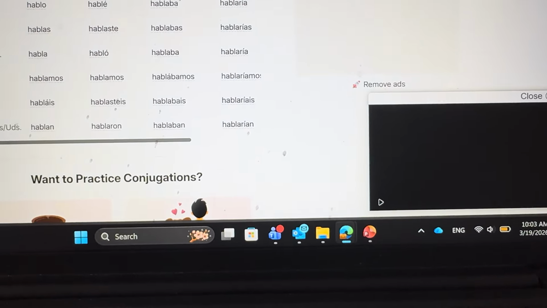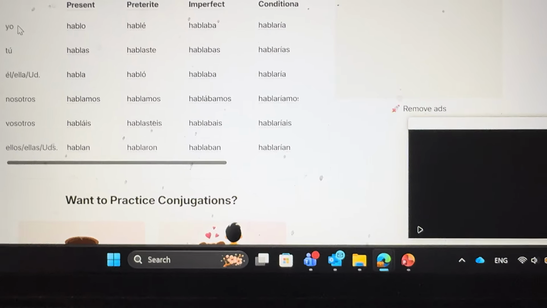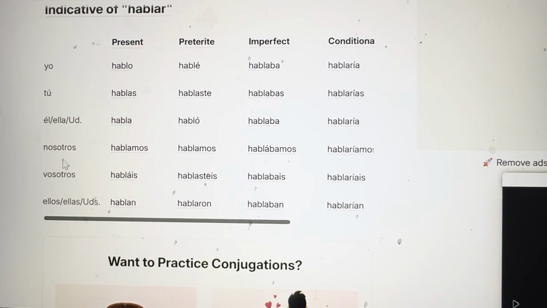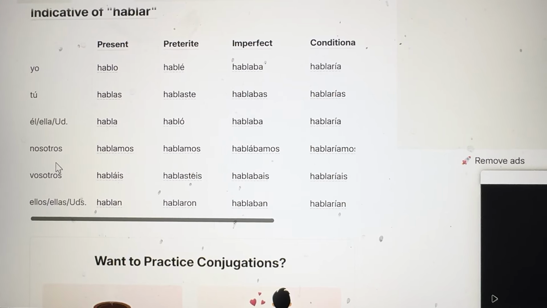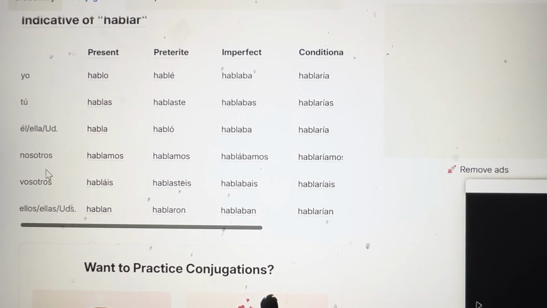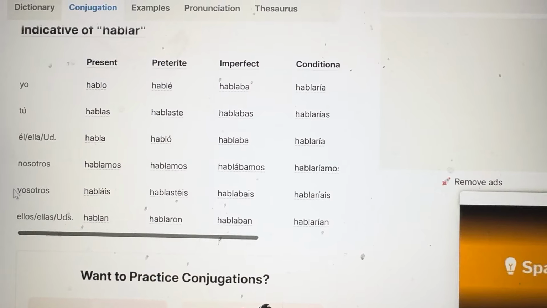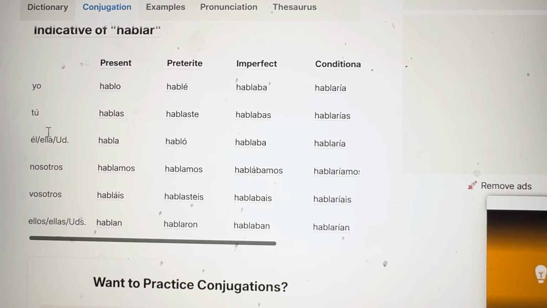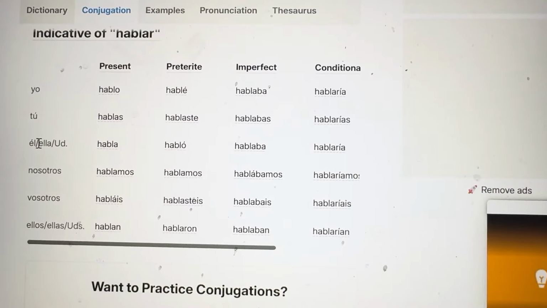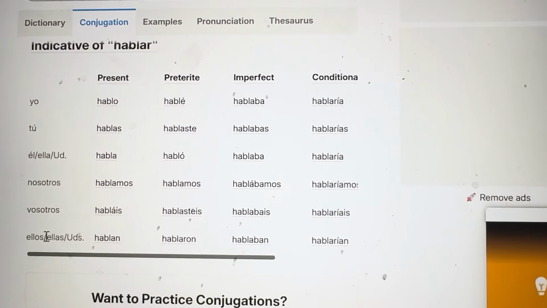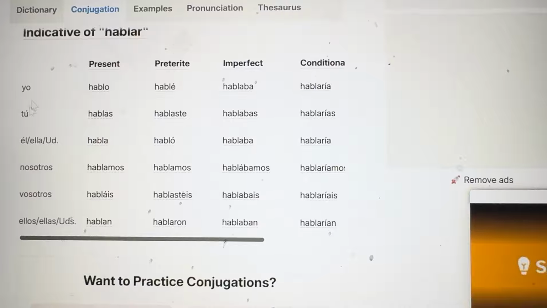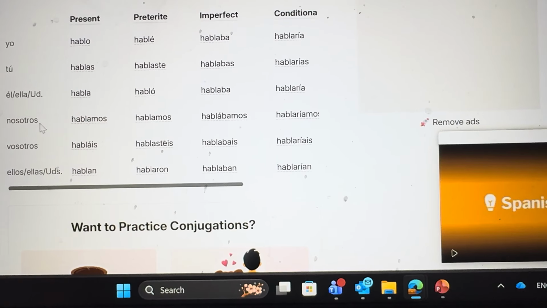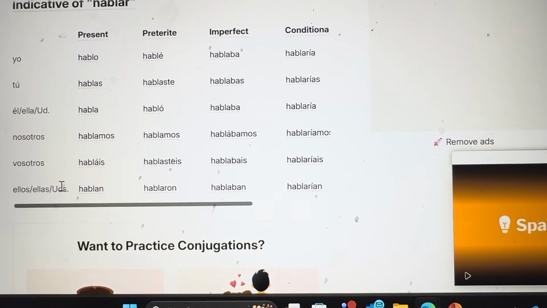So basically there are six pronouns: I, first person; you, second person; he, she, third person; we, first person plural; you all, second person plural; and they, third person plural. In Spanish: yo, tú, él, ella, usted, nosotros, vosotros, ellos, ellas, ustedes.